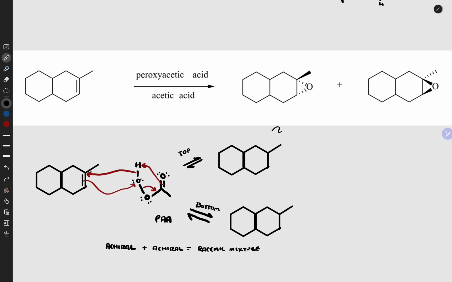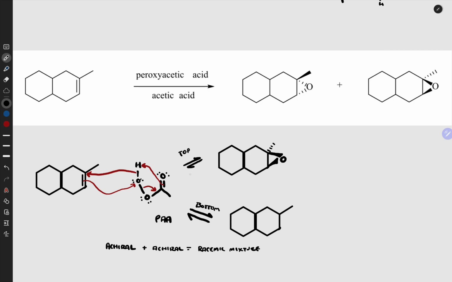We've got to determine if it was added to the top or added to the bottom. If it was added to the top, then it'll push the methyl group down. Let's draw it differently so we can actually see it push the methyl group down, and these will be pointing out towards us, being added from the top.